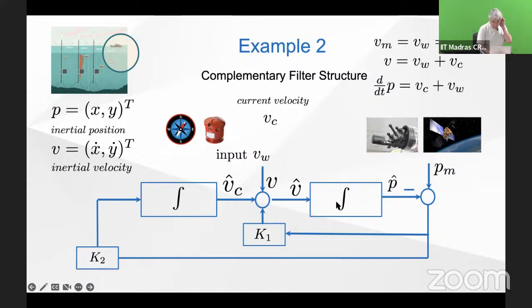So it works like a charm, because if you have an AUV running, you are going to get information from the Doppler. Then you are going to estimate the velocity of the water. And then by getting these measurements from the support ship, you implement these complementary structures and you are done. So this is a scheme that people use a lot.